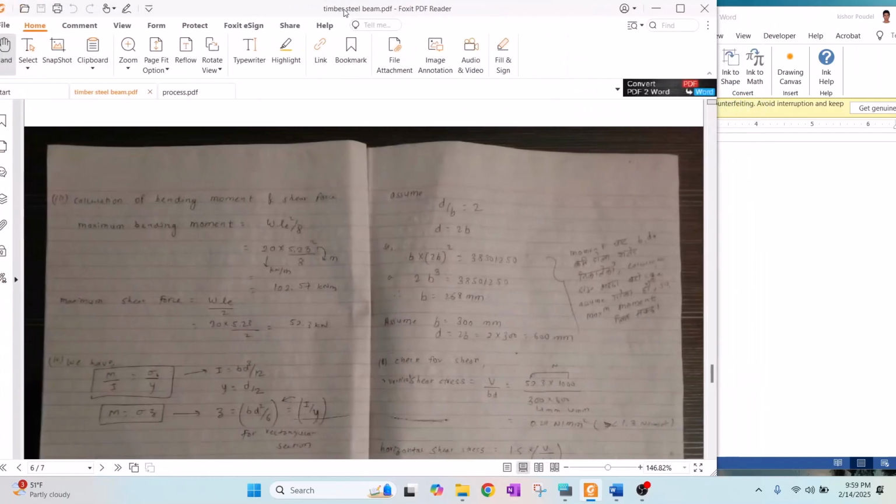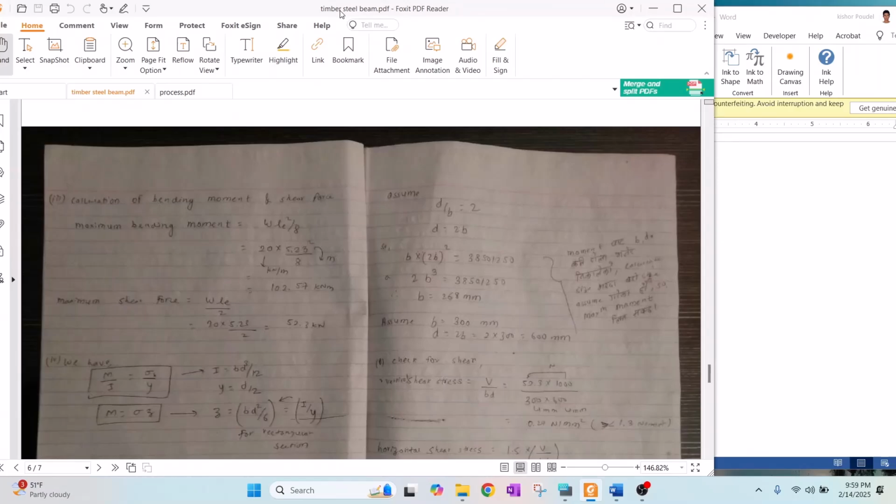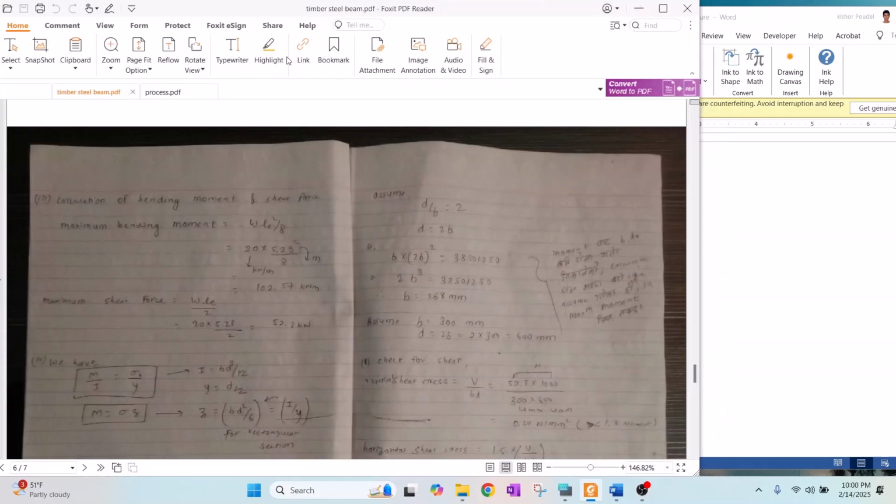Okay, so before doing exact design, what we need is the value of maximum bending moment and maximum shear force. For a simply supported case, we know that the maximum bending moment occurs at mid of the section, and we can calculate the value of that moment by using the equation W Le square divided by 8.